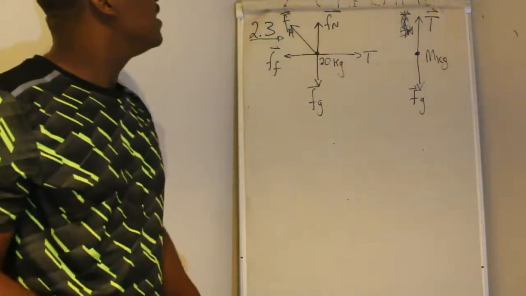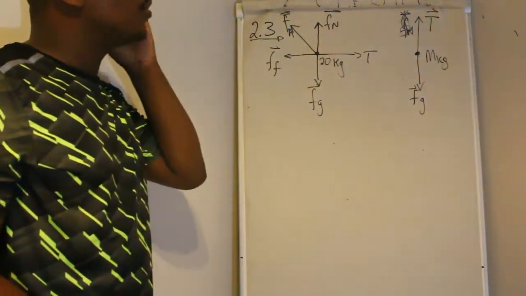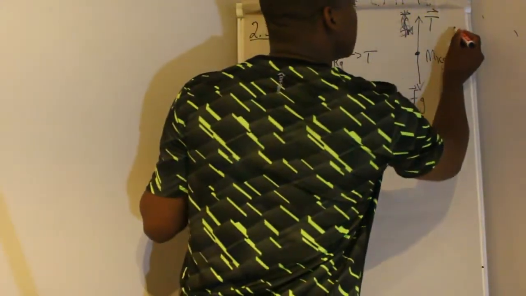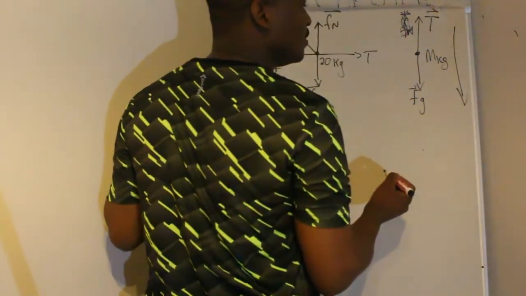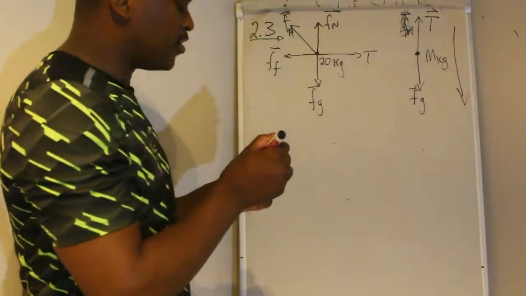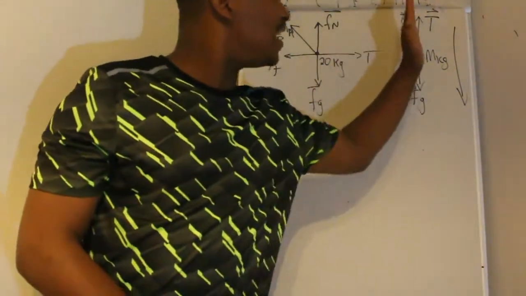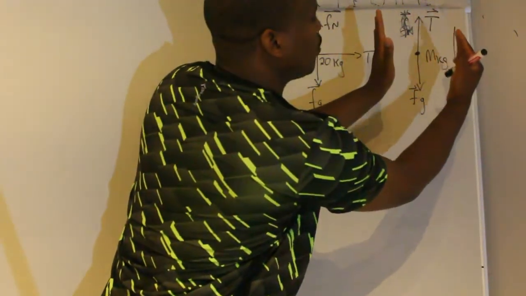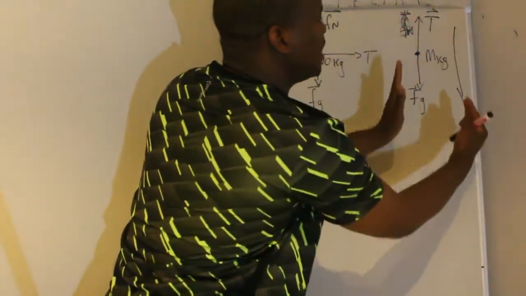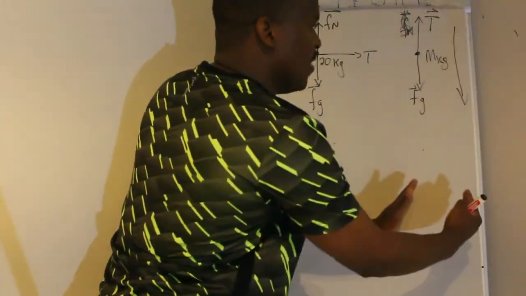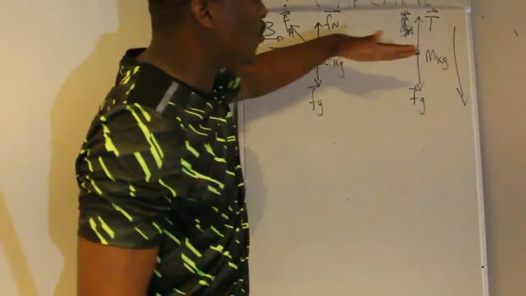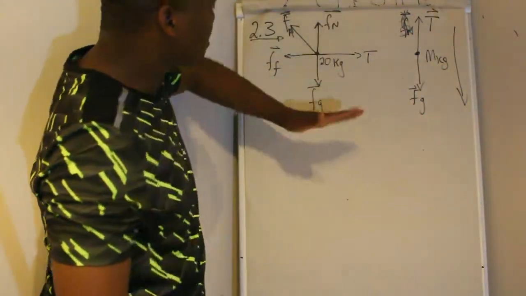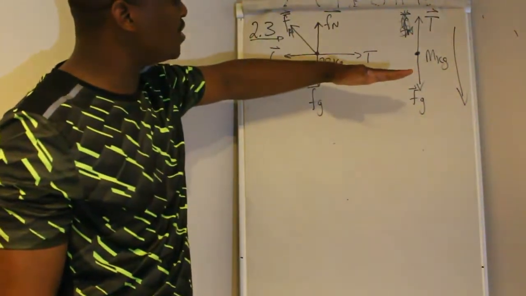So let me continue. This free body diagram is nice because this object is moving downwards, so all the forces are either parallel to the direction of movement, or perpendicular, but we don't have any perpendicular forces. Here, the movement is horizontal.